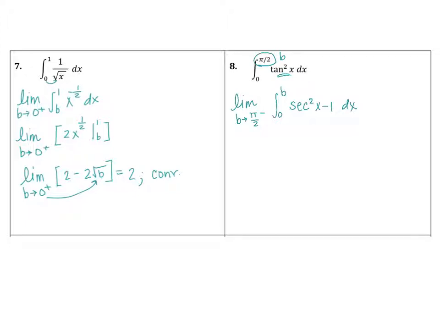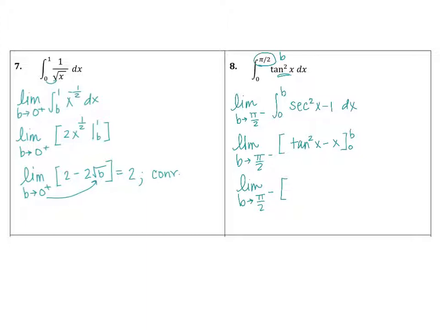And so here we have our limit as b approaches pi over 2 from the left of, and if I integrate secant squared, I get tangent x minus x, and that's going to be evaluated from 0 to b. And if I sub in here, notice I'm going to have tangent at pi over 2.